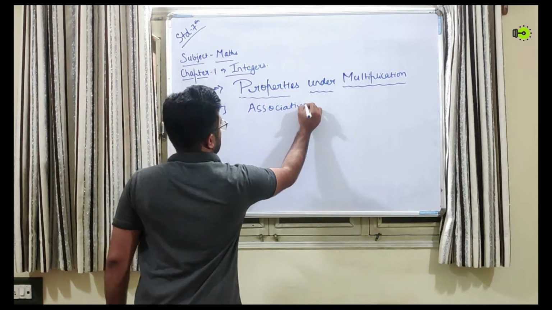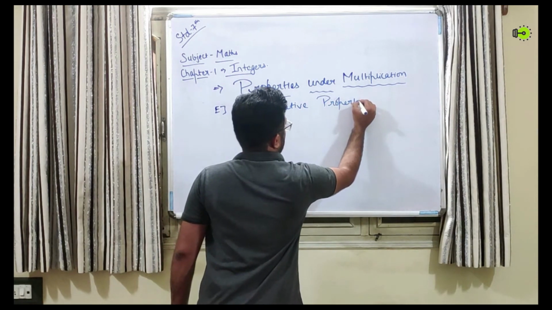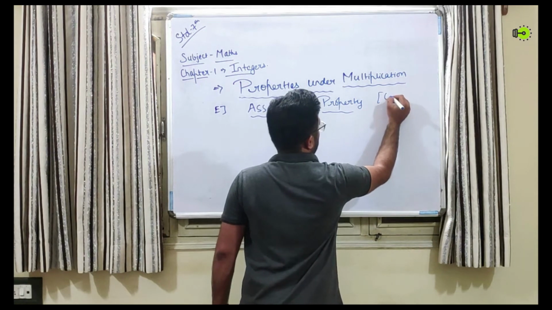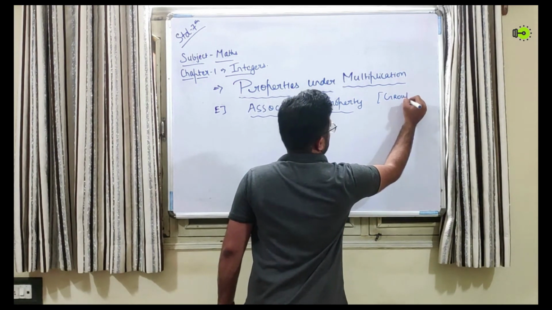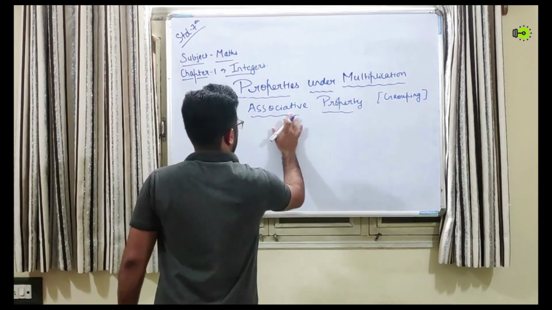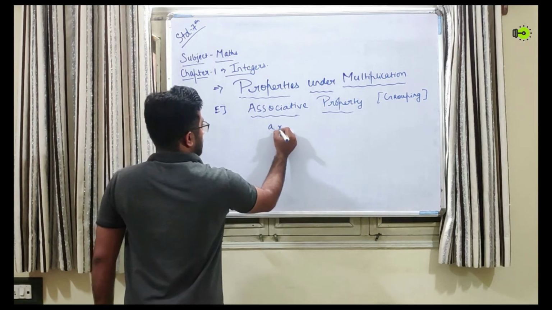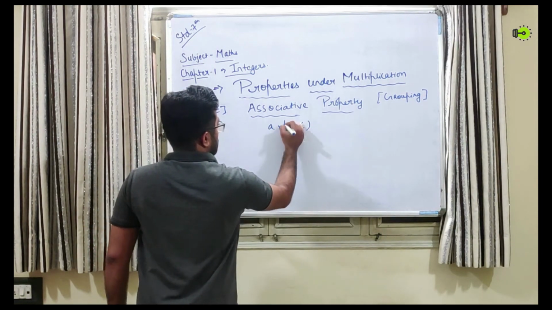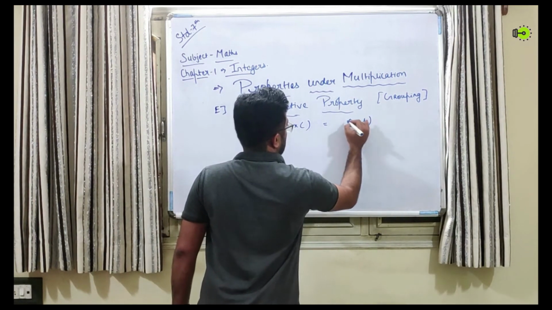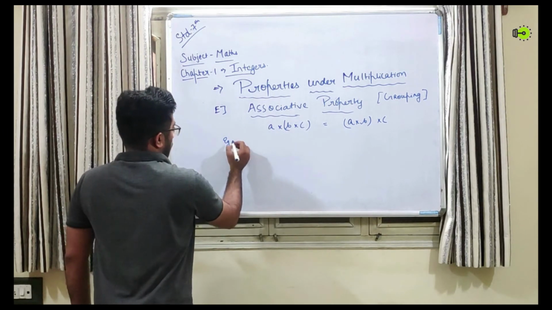It states, let me give you a suffix first, that is grouping. That is, grouping of numbers in multiplication doesn't affect the answer. That is a into b into c is equal to a into (b into c) in the bracket. We will try to satisfy this with the help of an example.